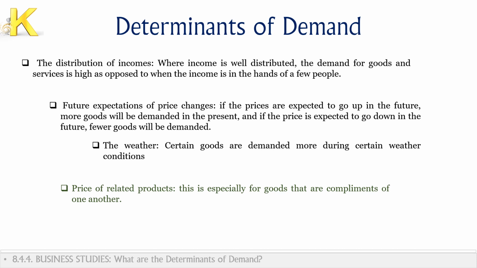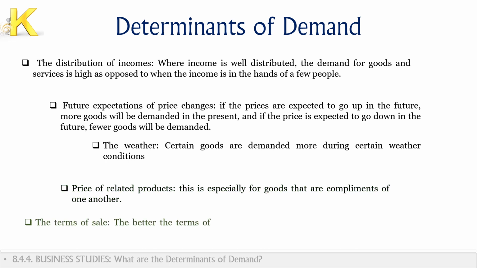Another example, complements, which are goods that are used jointly. An increase in the price of a complement good will decrease demand for its complement, while a decrease in the price of a good will increase demand for its complement.